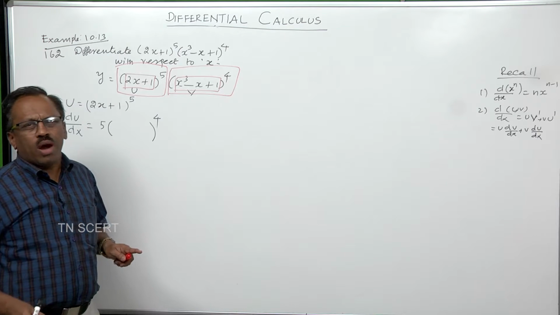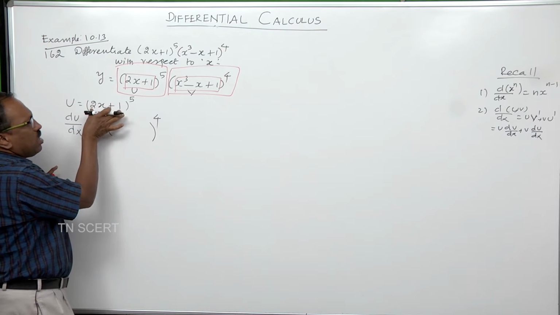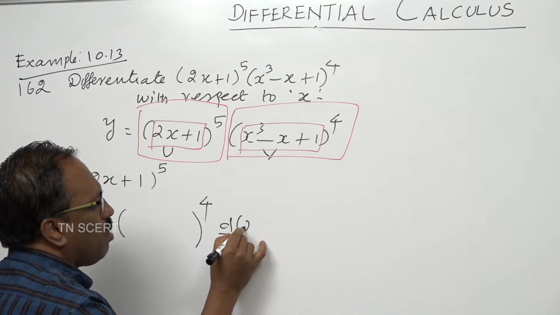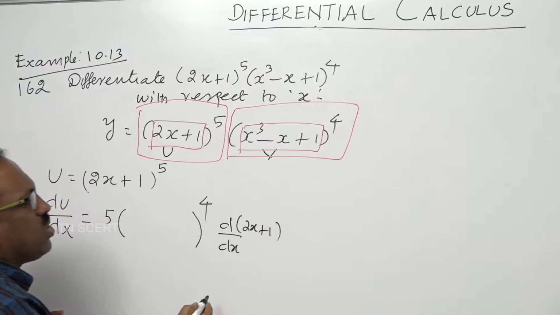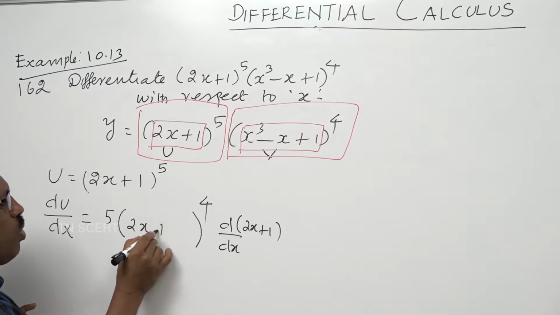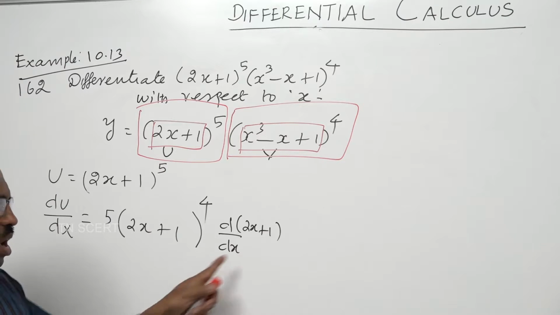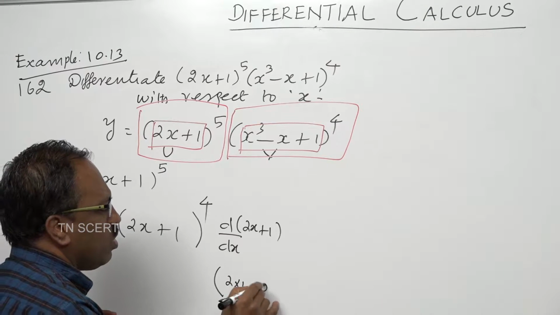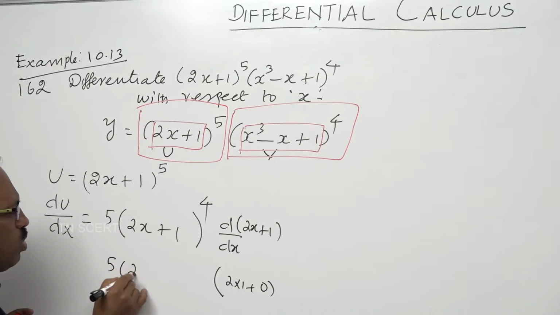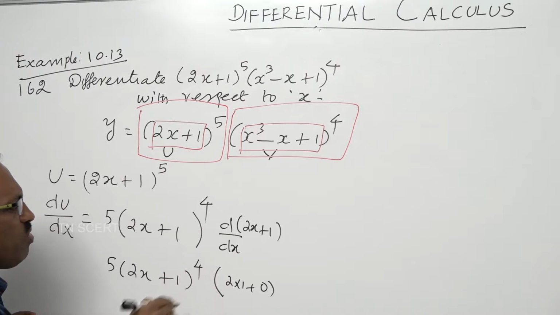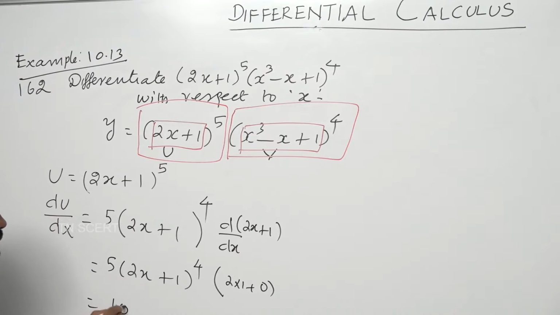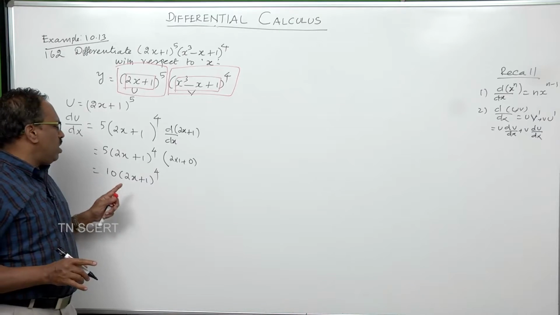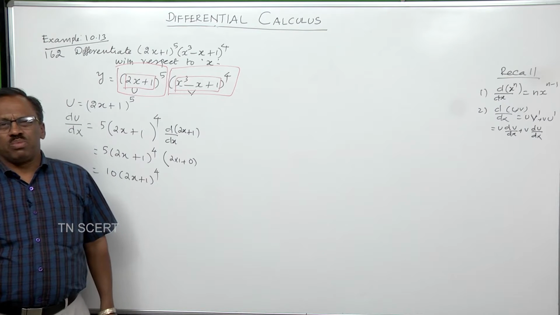The second box also I have to open. What is that box? It is this 2x plus 1, that is, the differentiation of 2x plus 1. Remember that. So, here (2x plus 1) whole power 4, like this. Now, this differentiation is what? I will get 2 into 1 plus 0. So, 5 into (2x plus 1) whole power 4 into 2, that means 10 (2x plus 1) whole power 4. Like this I am getting the first derivative, u dash.